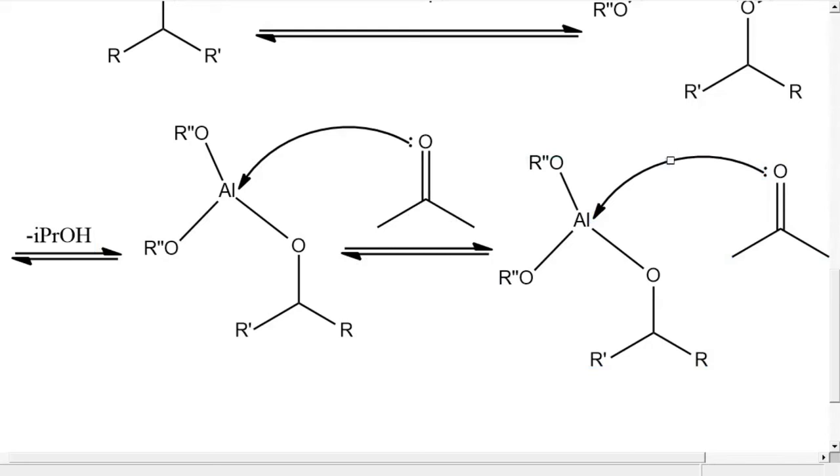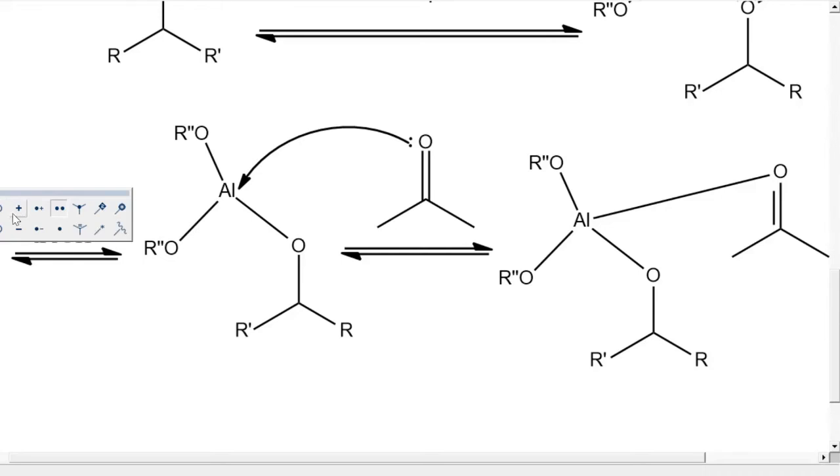So this means there's going to be a new bond between this oxygen and aluminum at the expense of this lone pair, like this. This aluminum will have a negative charge as aluminum gained 1 electron, while this oxygen will have a positive charge as oxygen lost one of its electrons. So let's put a charge on oxygen too.